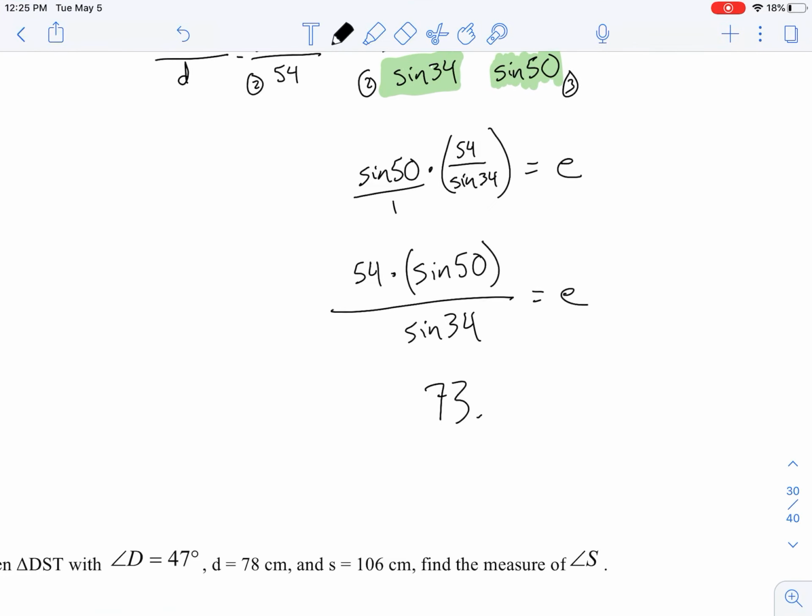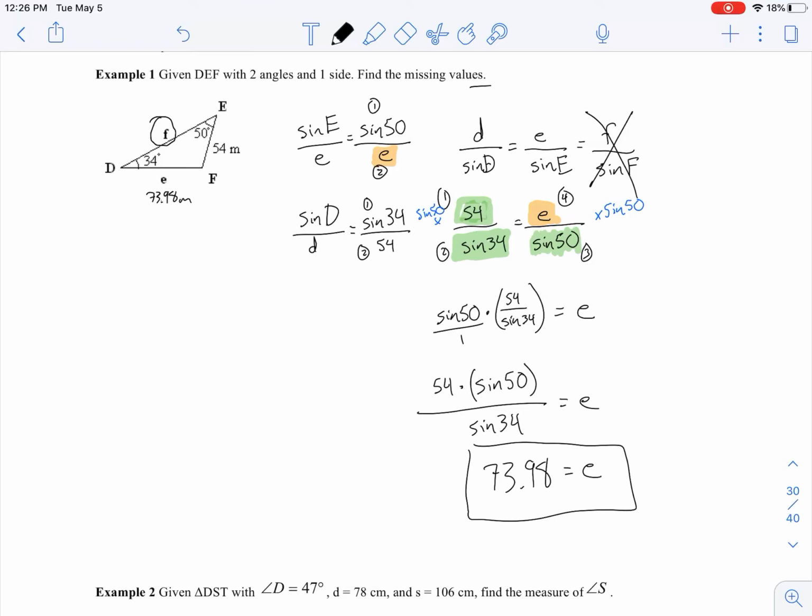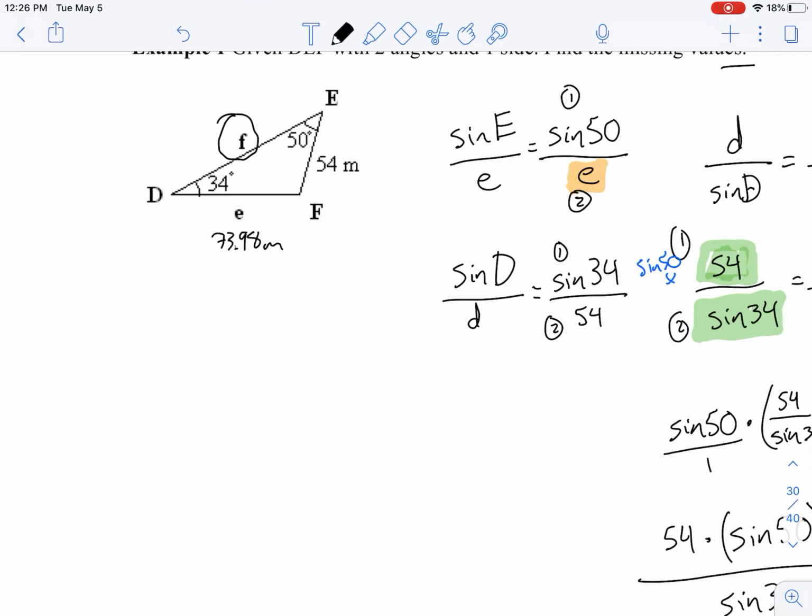So next up, I'm going to solve for, let's take a look at this one right here, F. So first thing I need is a complete ratio to compare this to, and then I need 1/2 of another ratio, or hence 3 of the 4 missing puzzle pieces. So if we take a look at this for F and sine F, I don't know this angle. You're probably saying that's a pretty easy angle to find.